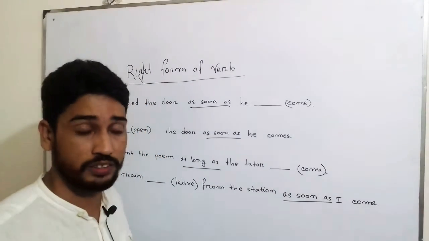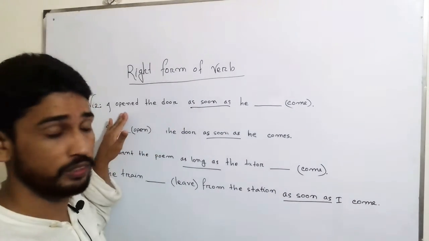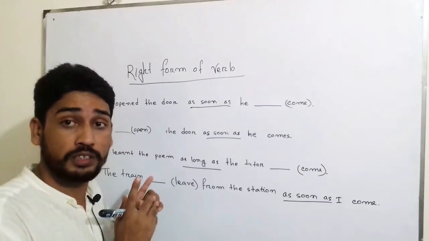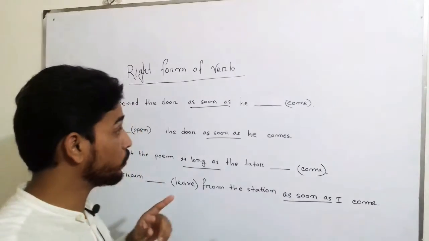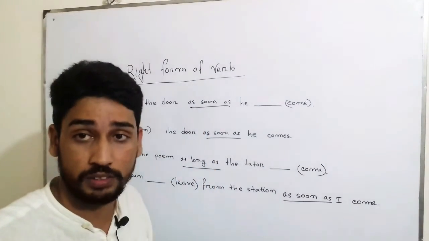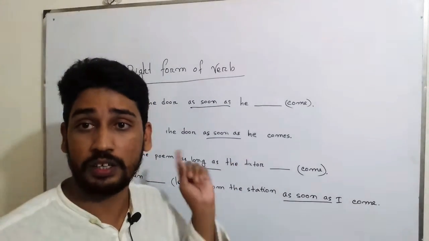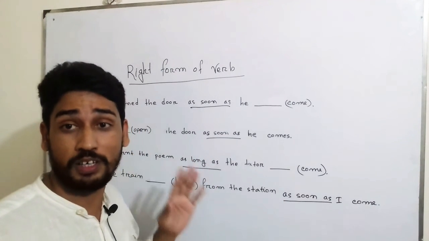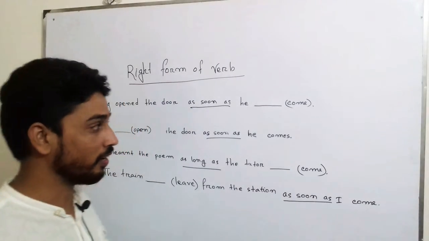So once again I say, if one part is past indefinite, the other part will be past indefinite. But if one part is present indefinite, the other part will be future perfect, though the conjunctions as soon as, as long as, till, until are the same. So it's an amazing matter.